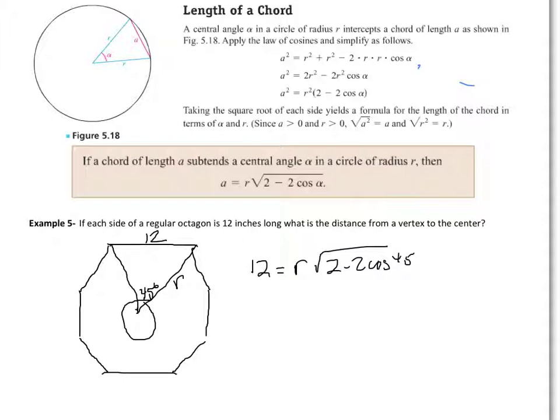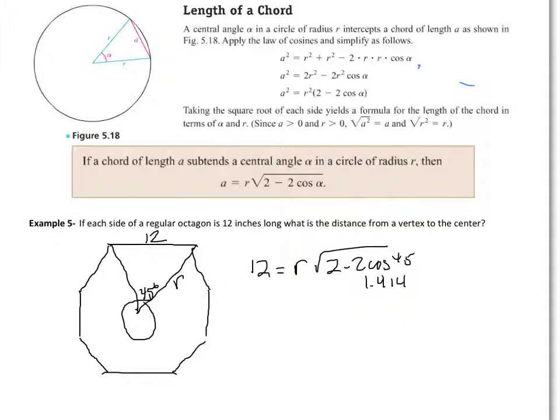We know the cosine of 45 is root 2 over 2, or in decimals 0.707. So if you double that, we get, what, 14.14? No, sorry, 1.414. Okay, so now we have 2 minus 1.414.